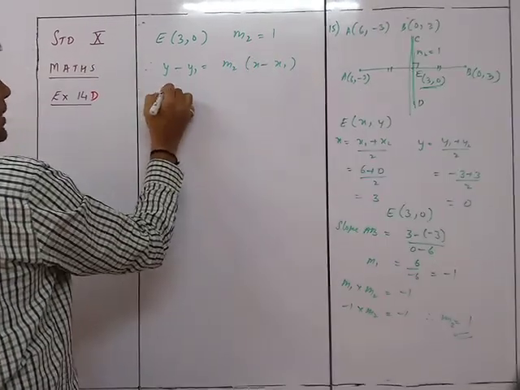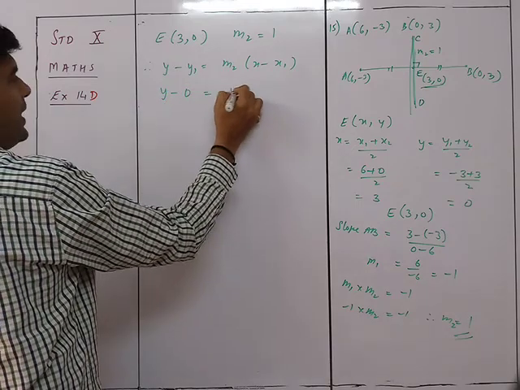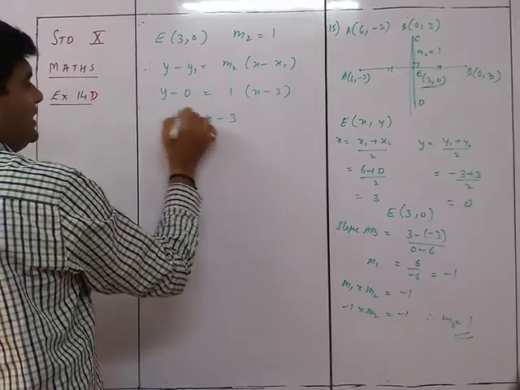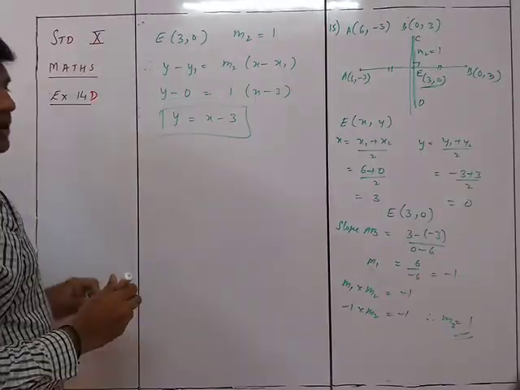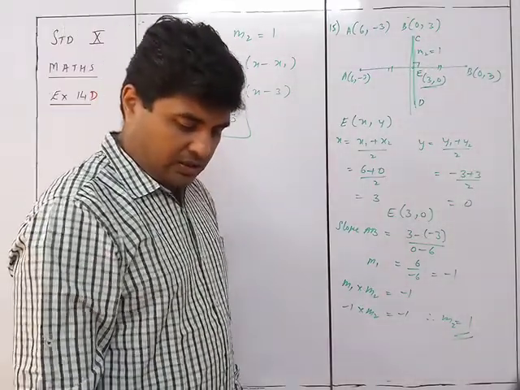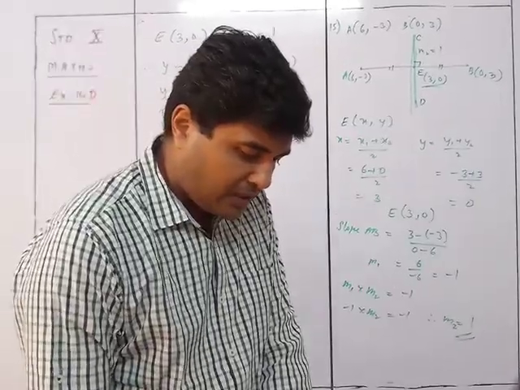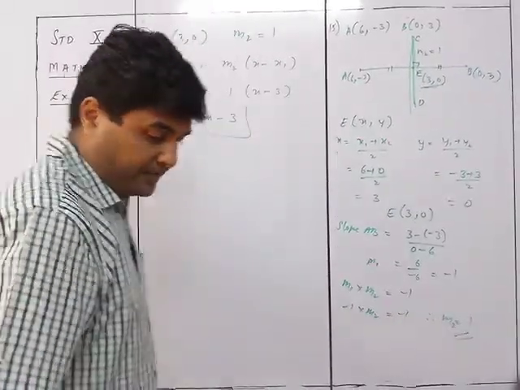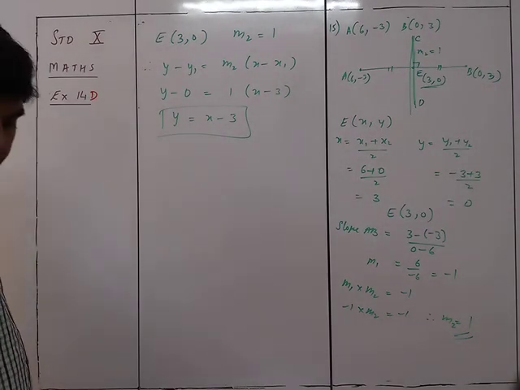That will be y minus 0 equals 1 times x minus 3. So y equals x minus 3 is the required equation. So that is the equation for sum number 15. Yeah, sum number 15, y equals x minus 3. Done.